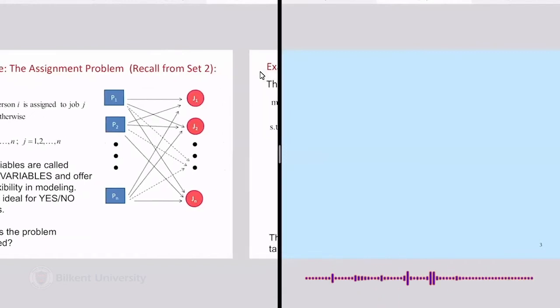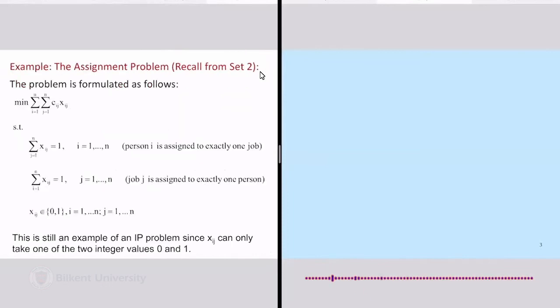And this was our formulation at the very beginning, right? We minimize the total cost, and we made sure that each person gets a job, and each job is done. This was the thing we did when we were formulating in set 2. Okay? So keep this in the back of your mind.